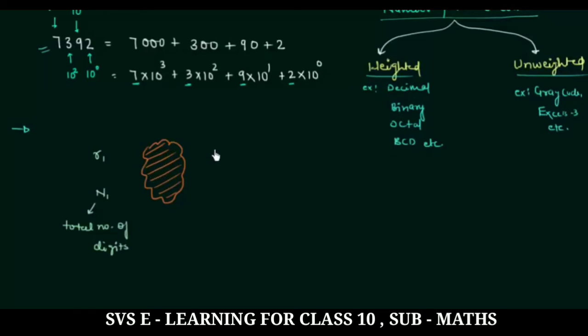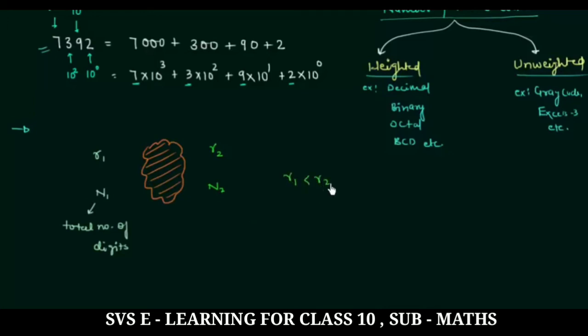Let's say there is another number system. We are representing this quantity in another number system, and the base for this number system is R2. Capital N2 is the total number of digits used to represent this quantity.